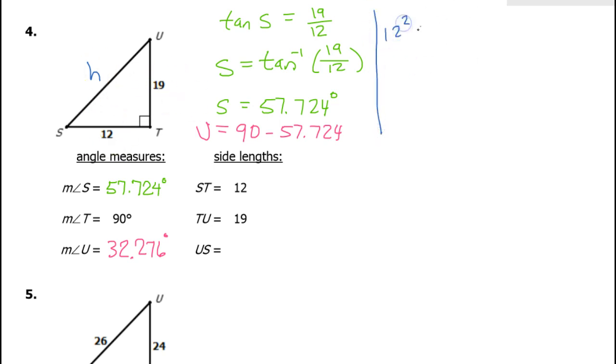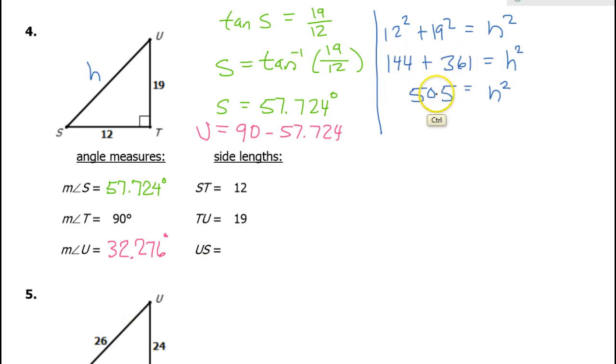So that's 12 squared plus 19 squared is equal to the hypotenuse squared. That's 144 plus 361, so 505 is equal to hypotenuse squared. So the hypotenuse should equal the square root of 505, and that turns out to be 22.472.